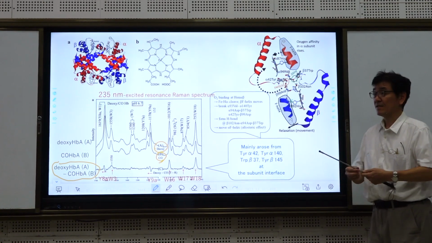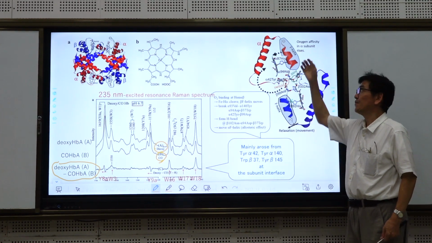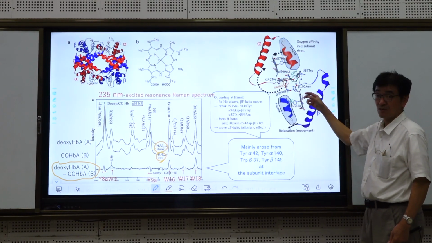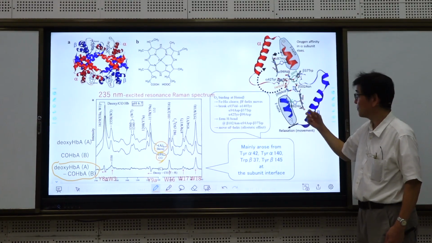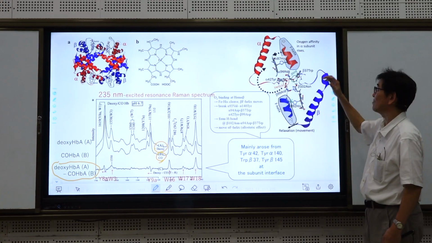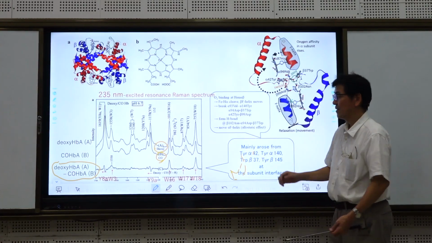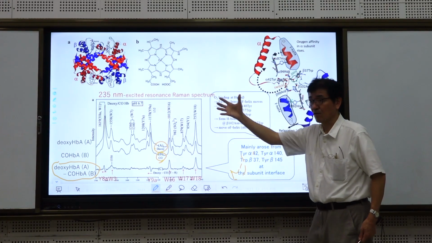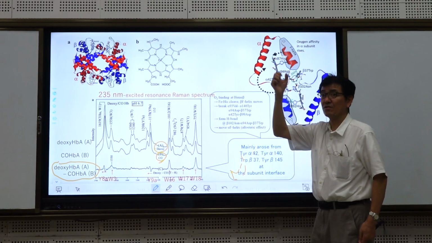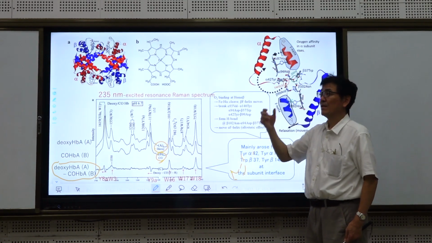In the protein structure analysis, it's possible to remove an arbitrary residue by mutation technique. So we can eliminate one tryptophan and check this difference. If removal of one tryptophan does not affect this difference spectrum, then that tryptophan is not involved in this event.